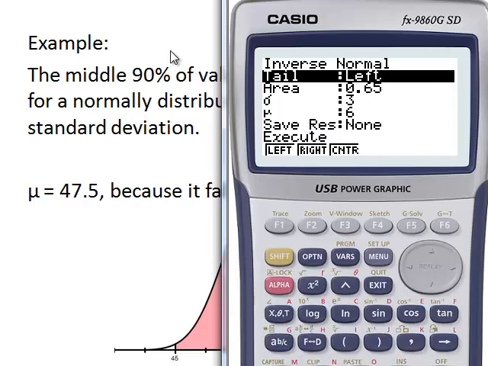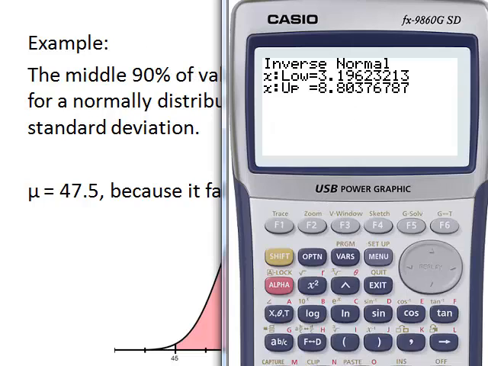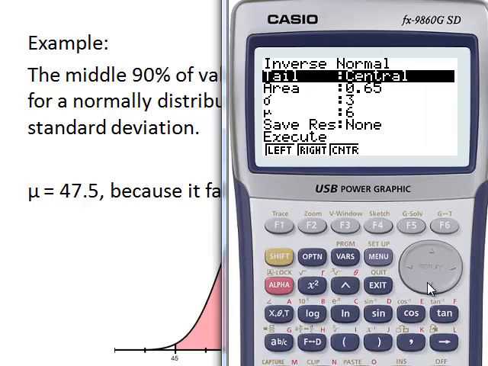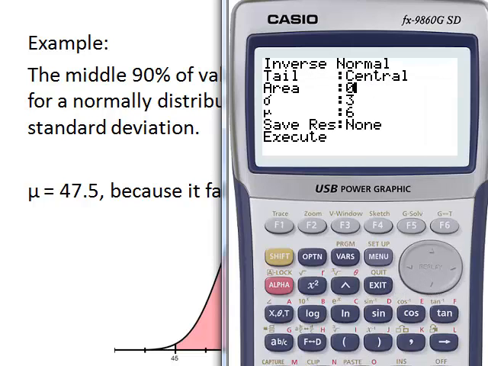Now we're talking about the middle 90%, so we are at the center, and it's an area of 0.9. The sigma for the standard normal curve is 1. The mean is 0.